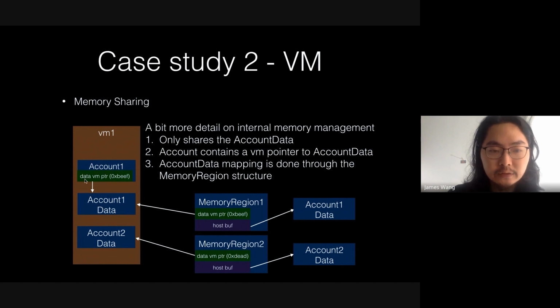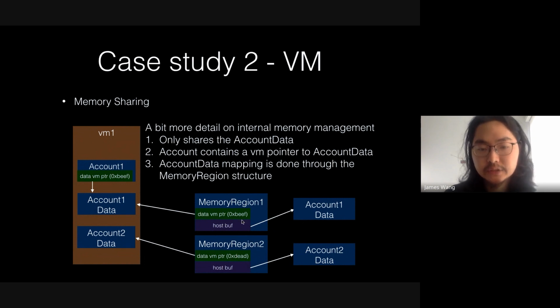So for an account, there would be a virtual memory pointer which points to the account data that resides in the virtual memory of the program VM. And there would be a memory region structure stored on the host, which also holds a pointer to the virtual address of the account data that is stored in the virtual machine.